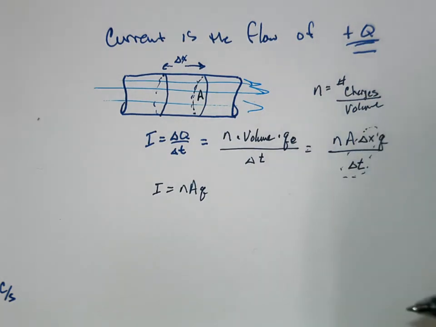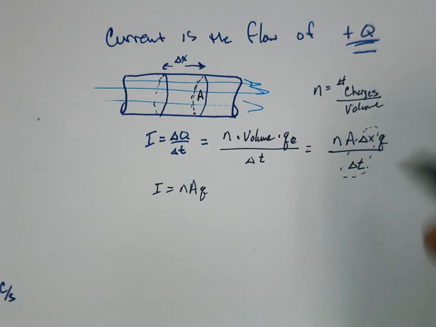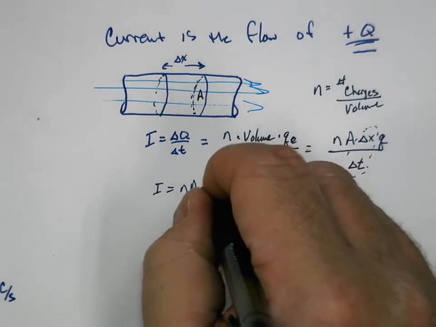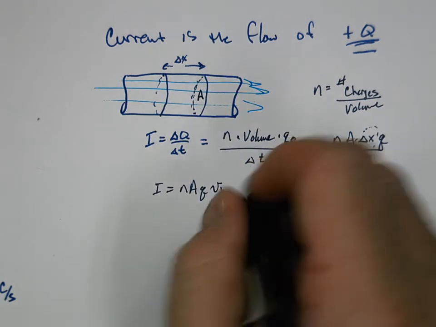What does that look like? Velocity. Delta x over delta t is a velocity, right? This is called, it's a velocity, it's called v sub d, and it is called the drift velocity.